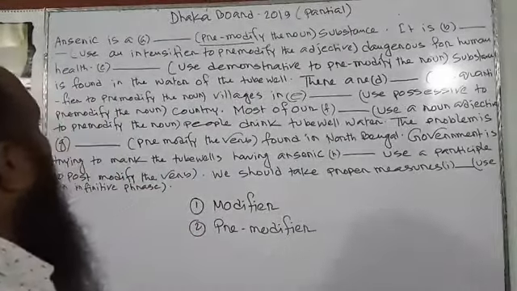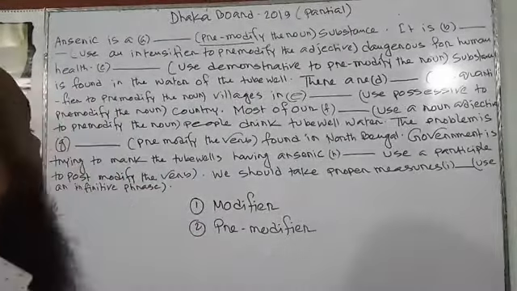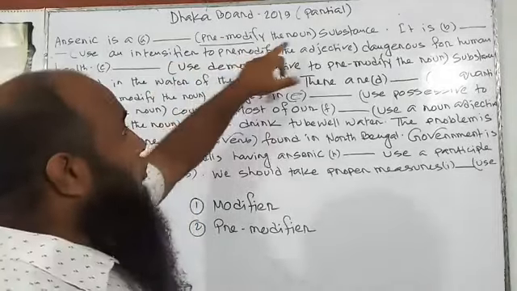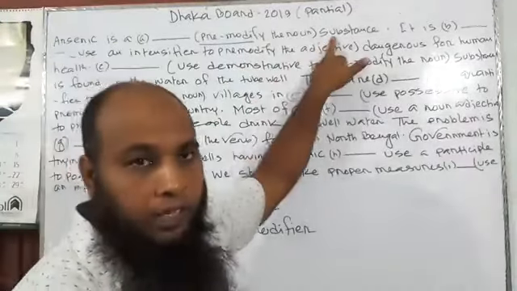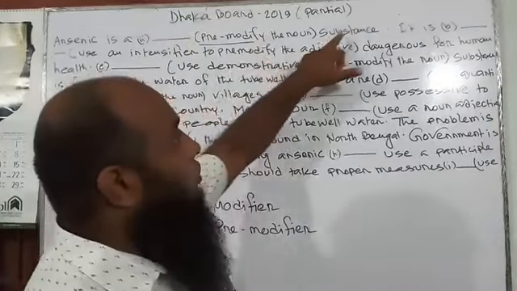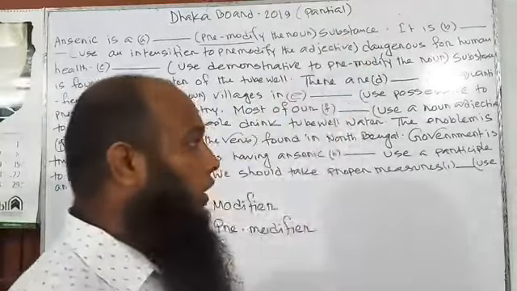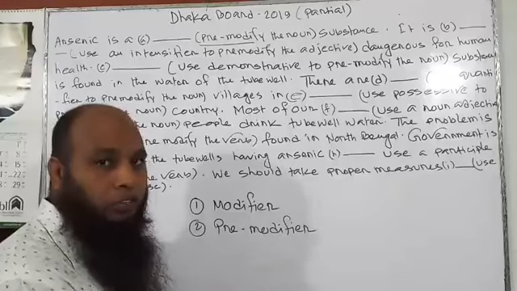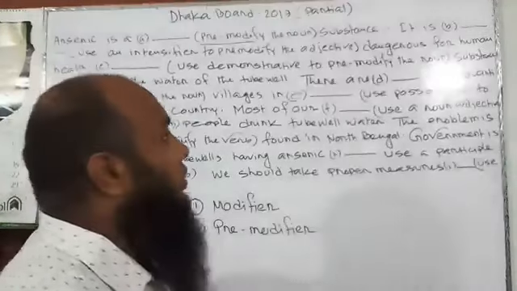Now, arsenic is a dash substance, and what are you going to use here? As directed, pre-modify the noun. Substance is the noun and you have to modify it. And why is it pre-modified? This word is used before this noun. Okay. But I am not giving you the answer of the question, what is pre-modifier? You have to wait and I will give the answer later.